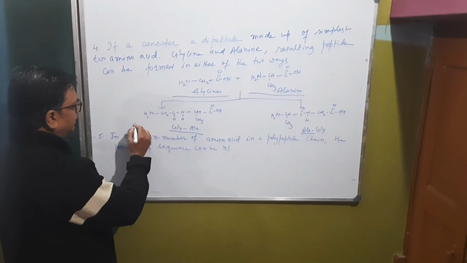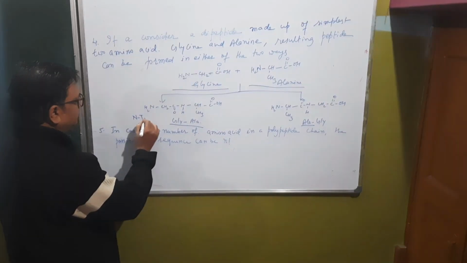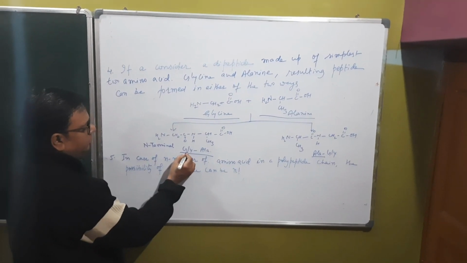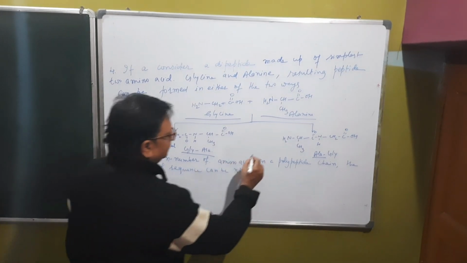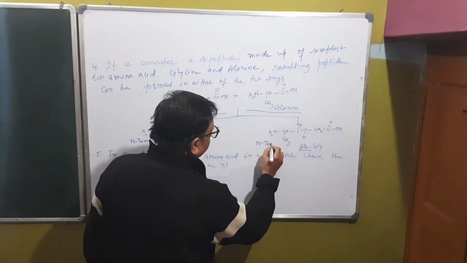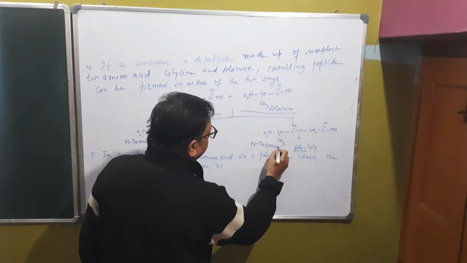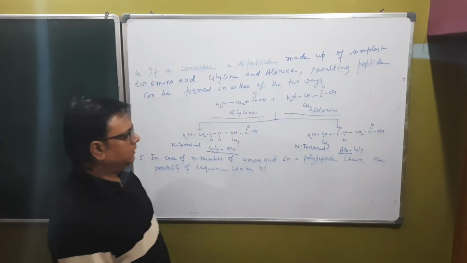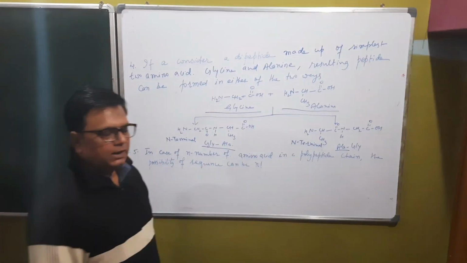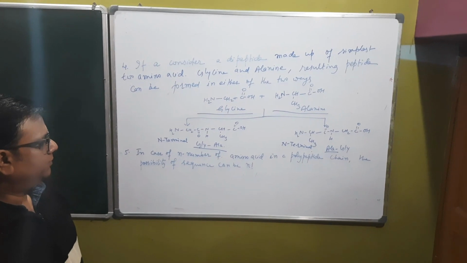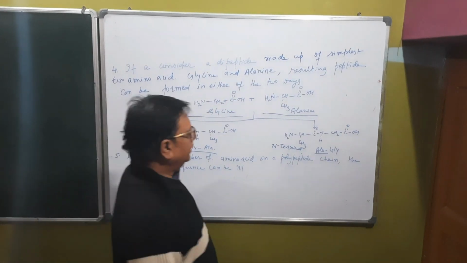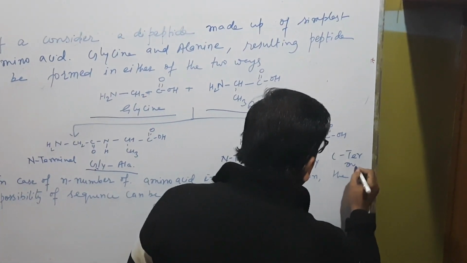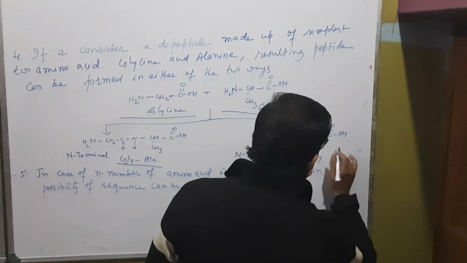Now you can see here that the N terminal of this dipeptide is different from the N terminal of ALA-GLY, that is, the alanine glycine dipeptide. Similarly, the C terminal is also different.